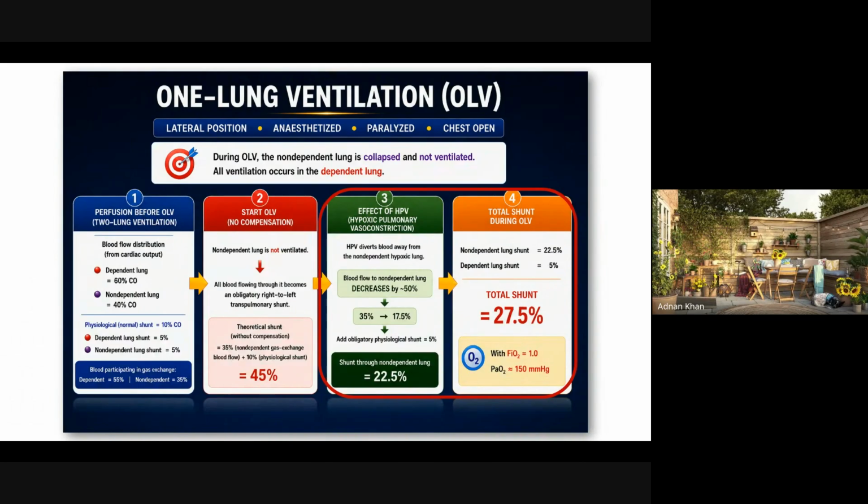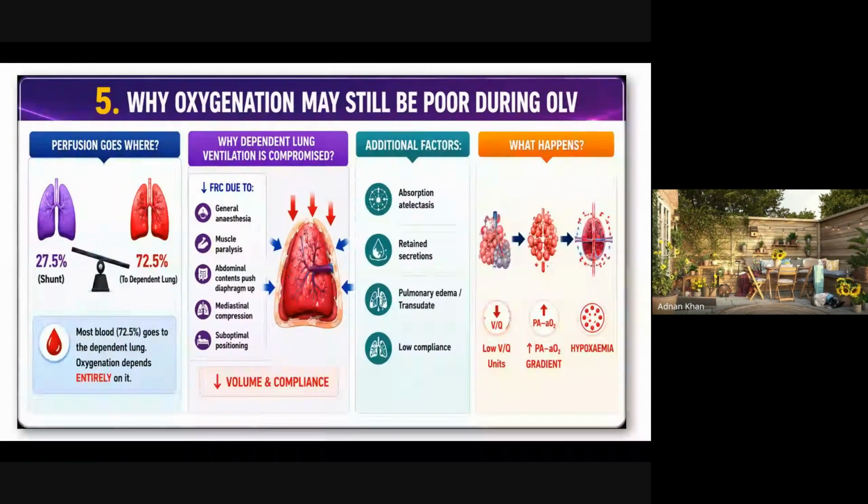Again, we will calculate the total shunt. The non-dependent lung shunt is 22.5%, and the dependent lung shunt is 5%. So the total shunt during one lung ventilation is 27.5%. Here, as you can see, 27.5% is the shunted blood and 72.5% is the non-shunted blood that is shifted toward the dependent lung.